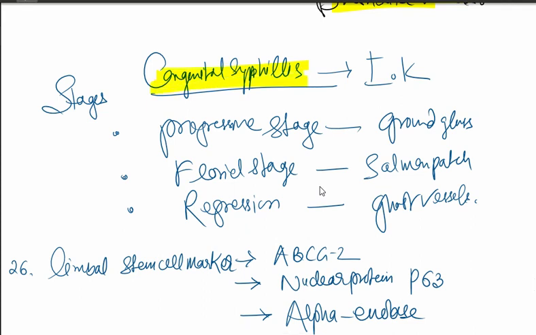Congenital syphilitic corneal involvement causes interstitial keratitis. It can have three stages: progressive stage, florid stage, and regression. Progressive stage is ground glass appearance, florid stage is salmon patch, and regression has ghost vessels.